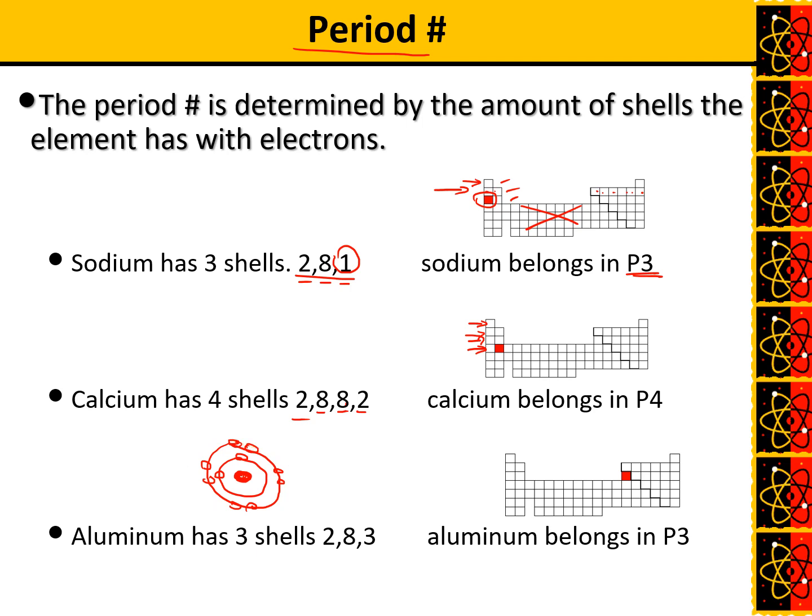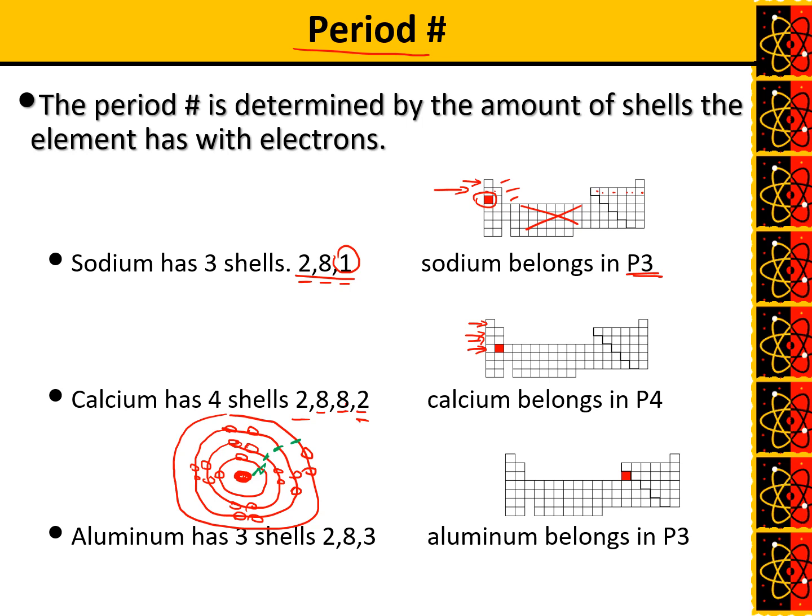Then it's going to have the third level with 1, 2, 3, 4, 5, 6, 7, and 8. And in the last level, we are going to have only 2 electrons. Okay, those are 2, 8, 8, and 2. This is going to be the first layer or shell, the second layer, the third layer, and the fourth layer.